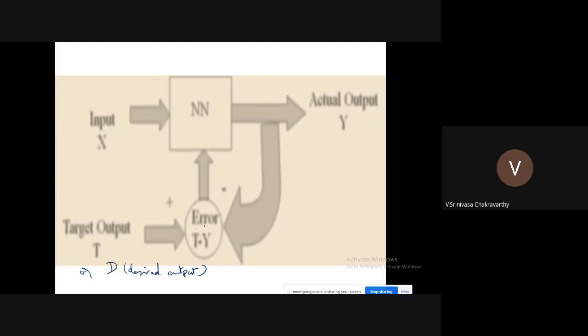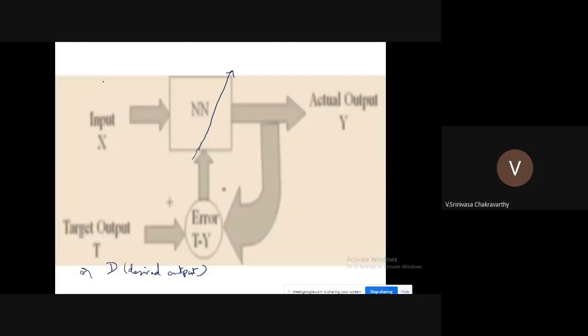That difference, the error, is fed into the neural network, and using that error I update all the weights inside the neural network. So this arrow represents that this module is adaptive, it is variable. We can then derive a learning rule.